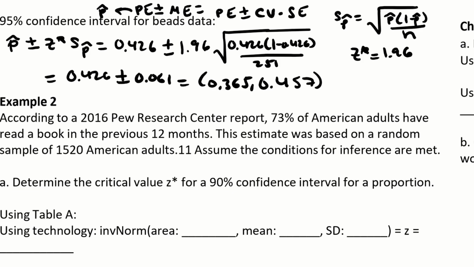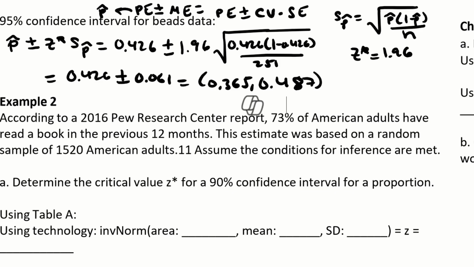I apologize. And recall that we had earlier, when we didn't use 1.96, 0.364 and 0.488. Which is not really that much different. However, if we want to be more precise, we would use 1.96 as opposed to using just 2.